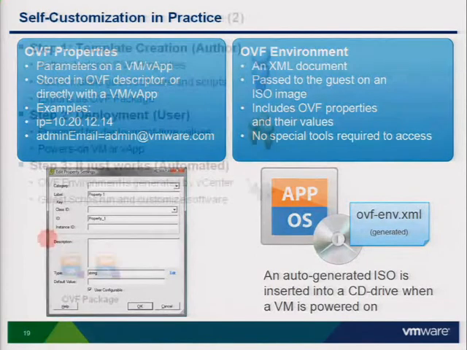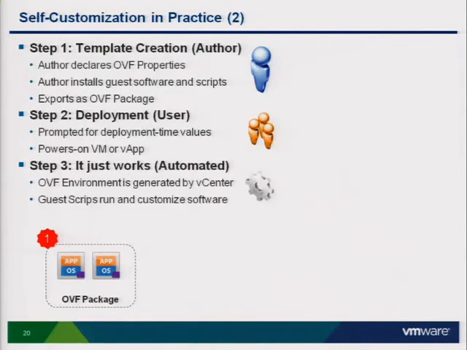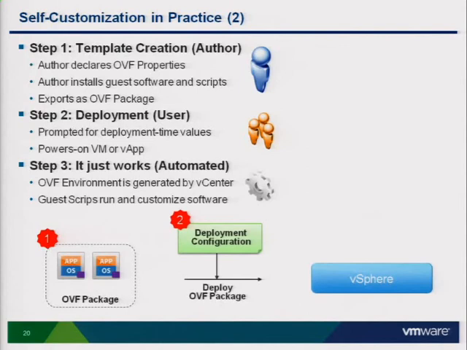So putting all this together, the steps for creating an advanced template like Sugar CRM is, you create an OVF package. You upload an agent, you define all your properties, you insert your agent, just as we saw in the demo before. At deployment time, the deployer or the user comes in, inserts the values for these properties, as we saw Martin do with Sugar CRM just a few minutes ago.